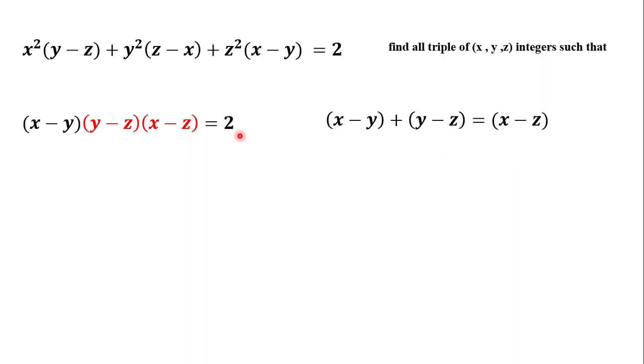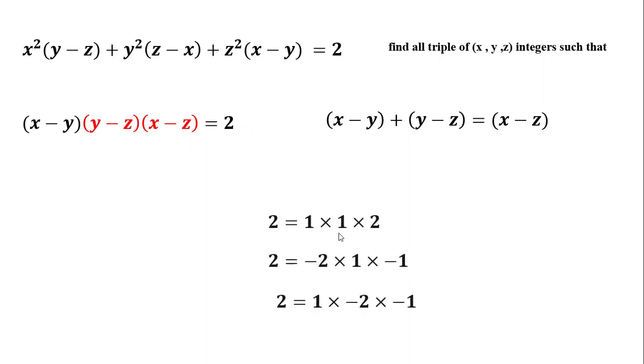As you know, we can write 2 equals 1 times 1 times 2, minus 2 times 1 times minus 1, and 1 times minus 2 times minus 1. As you can see, the multiplication of these three terms equals 2, and the sum of 1 and 1 becomes 2, minus 2 and 1 becomes minus 1, and 1 and minus 2 becomes minus 1.